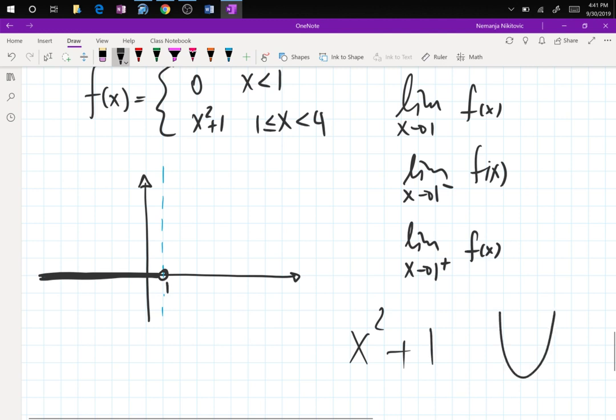But we only need half of it, starting at 1. Because it's plus 1, that's a shift up by 1, so the function will start here with the black dot at 2 and go up as a parabola. All right?